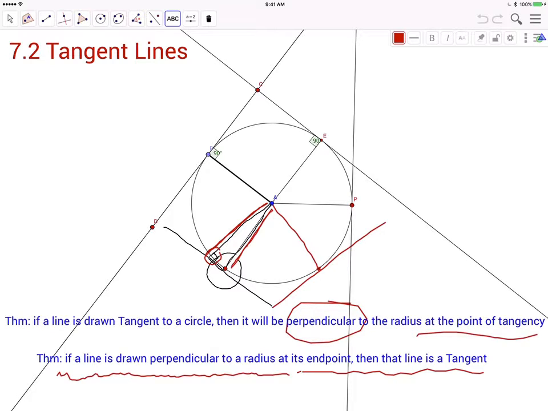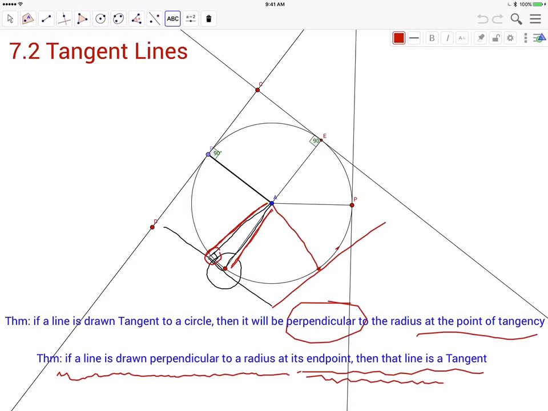We would assume in that indirect proof, which we will not do here, that it's not tangent. Well, if a line is not tangent to a circle, then it must intersect the circle twice. So there would be another point of connection or intersection between the line and the circle. And the proof, again, you come up with a contradiction very, very quickly.